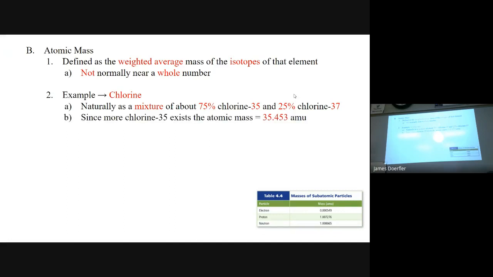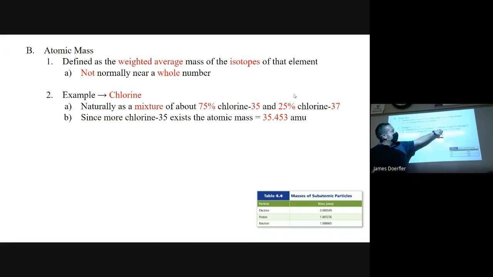And as I was mentioning a little bit ago from the potassium example, if we look at the periodic table, we see that the average atomic mass listed on the periodic table is 35.453 AMU. Again, the average atomic mass for an element is going to be closest to the isotope that makes up the larger percentage.